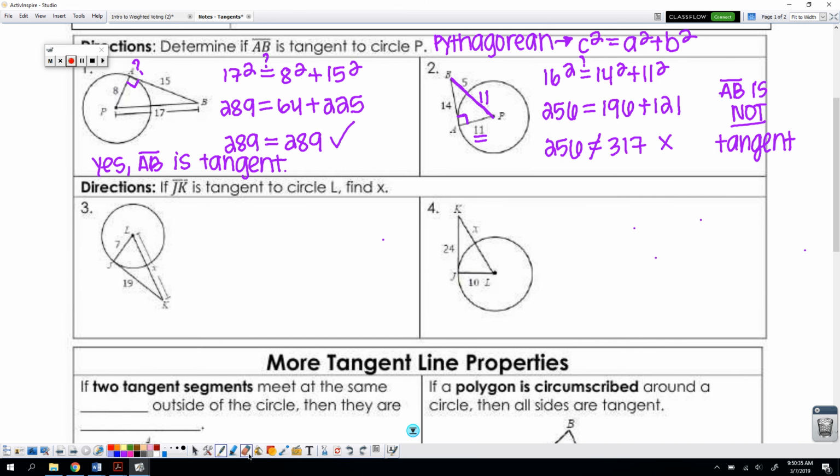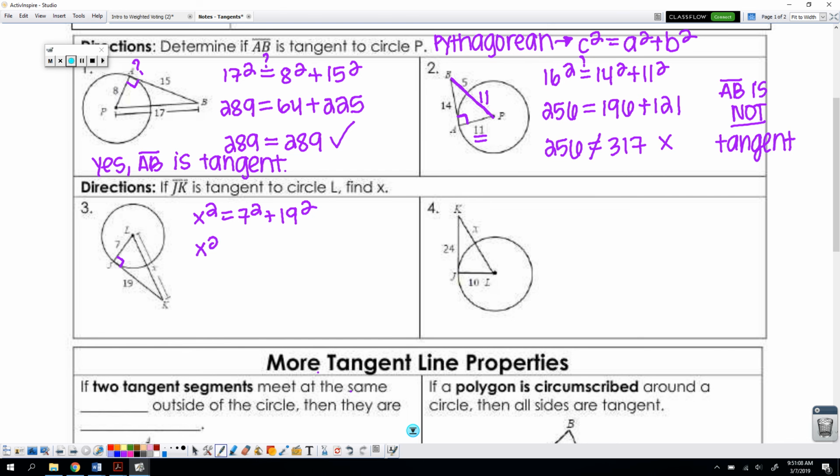Now, there will be other times when we need to go through and actually complete the Pythagorean theorem. Luckily, we're really good at that. We've done that about, I would venture to say, maybe 1,000,000 times. So in this one, this is asking if JK is tangent, so that means we do have a right angle here for sure. It wants you to find x. So this is legitimately just a Pythagorean theorem question. We have our hypotenuse, that's x. So x squared equals 7 squared plus 19 squared.